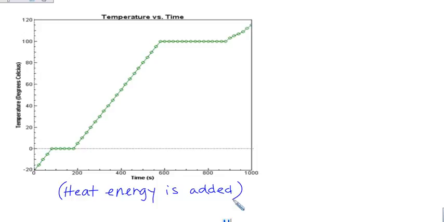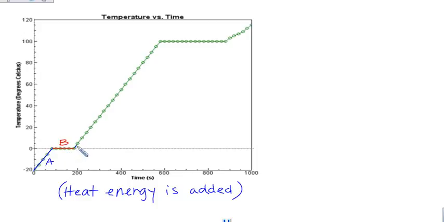When we look at this graph, I'm going to label some of these sections. So this bottom section here, let's call this section A. This first plateau, which happens to be at 0 degrees, let's call that section B on my graph.